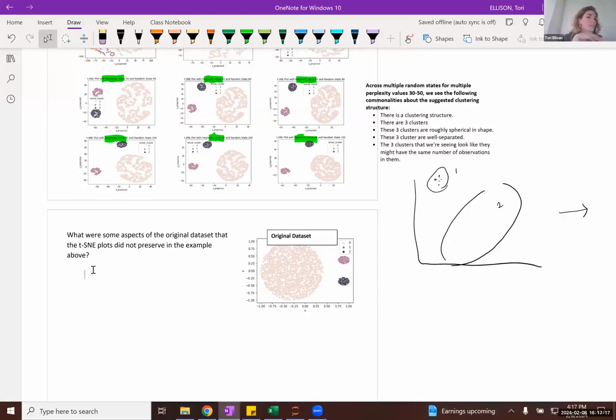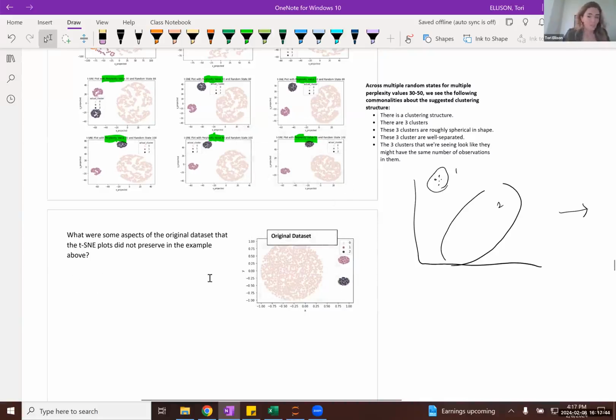So what are some differences that we're seeing here between this and this? We can definitely see this does not look exactly like this. So what's different? Yeah, exactly.